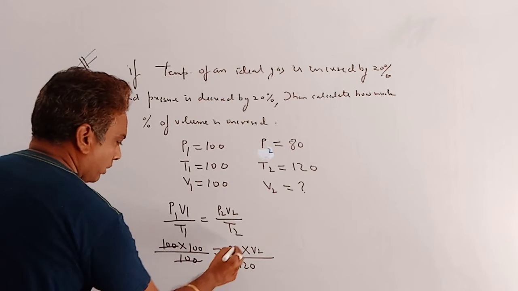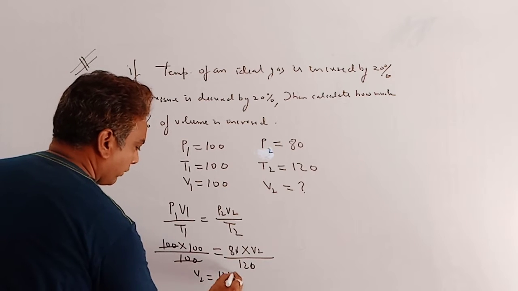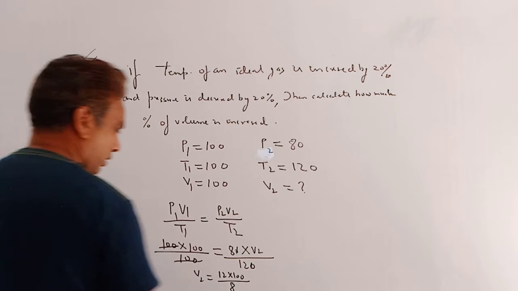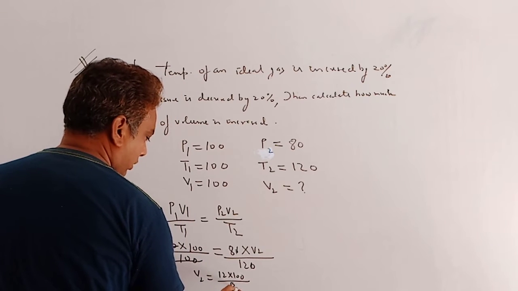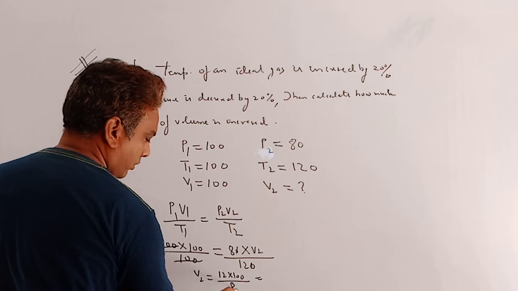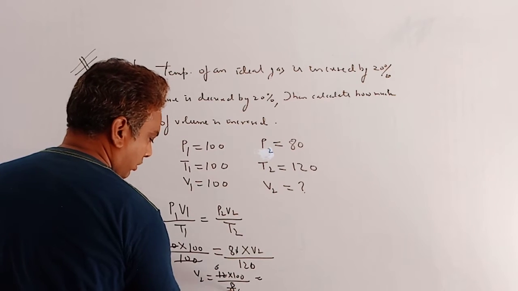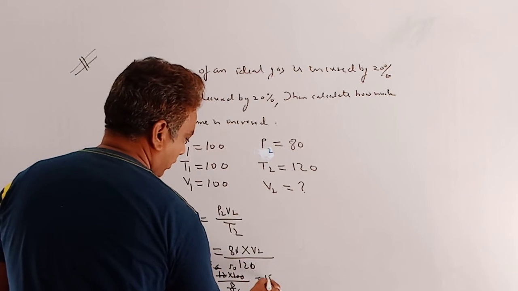So here V2 will be 12 into 100 upon 8. So the answer will be 150.